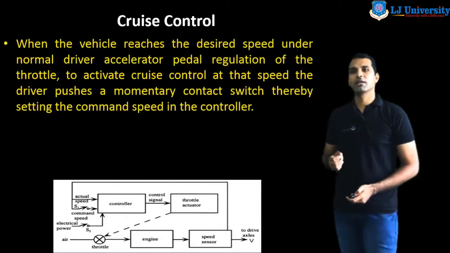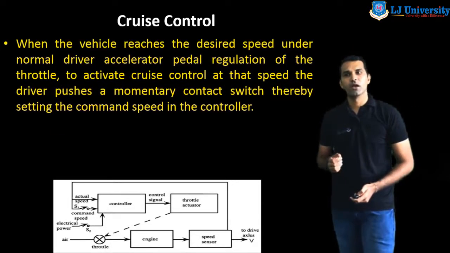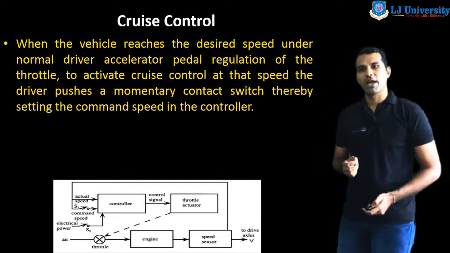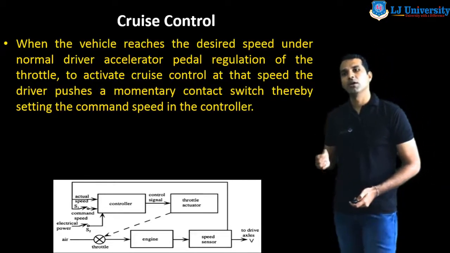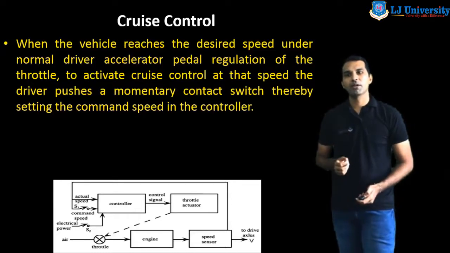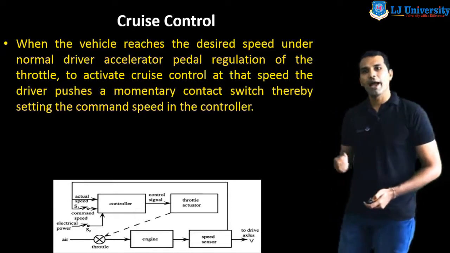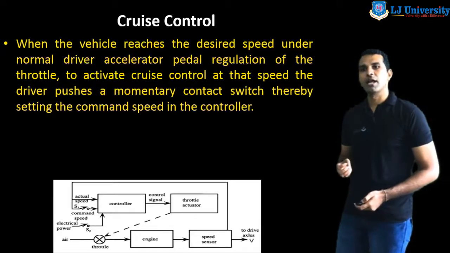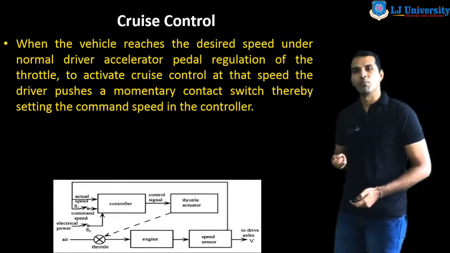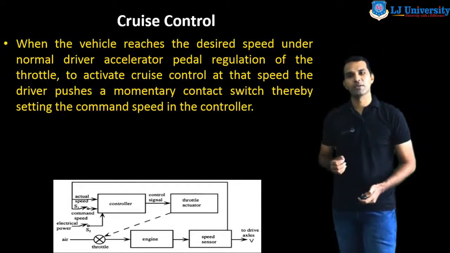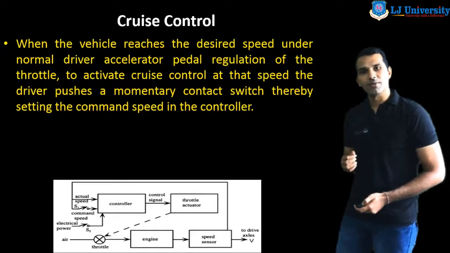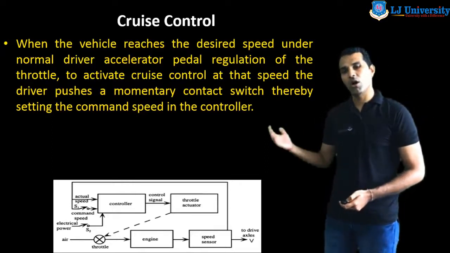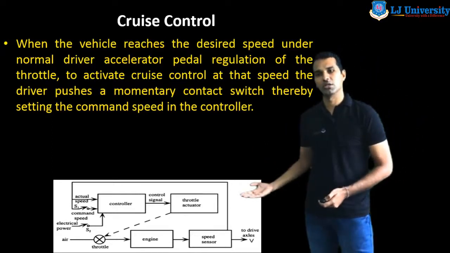When the vehicle reaches the desired speed under normal driver accelerator pedal regulation of the throttle, to activate cruise control at that speed, the driver pushes a momentary contact switch, thereby setting the command speed in the controller. Here we see the block diagram of the cruise control system.